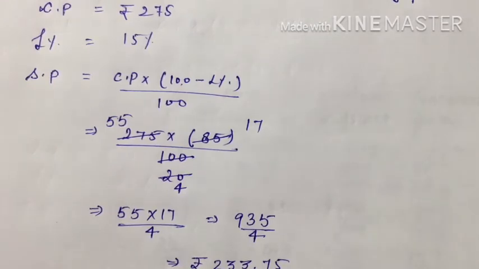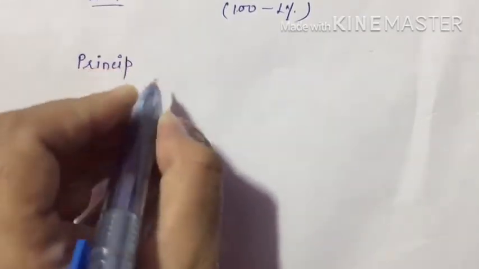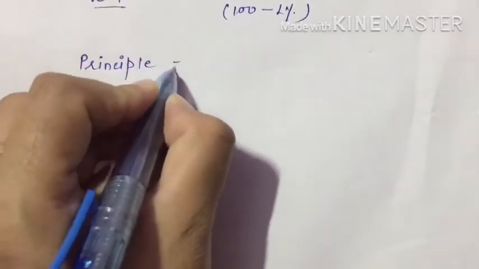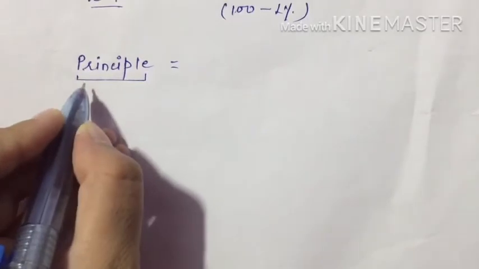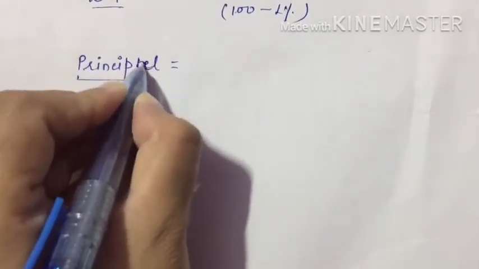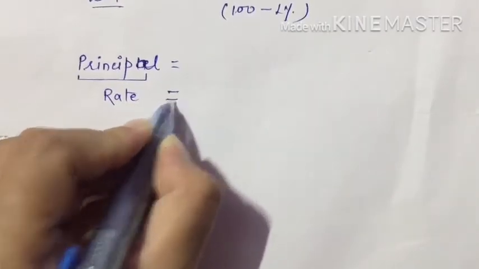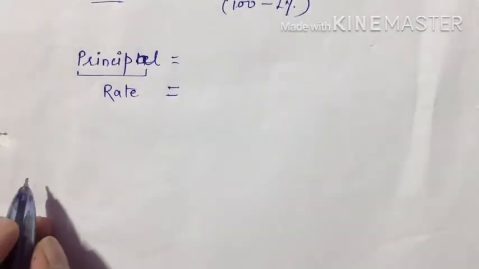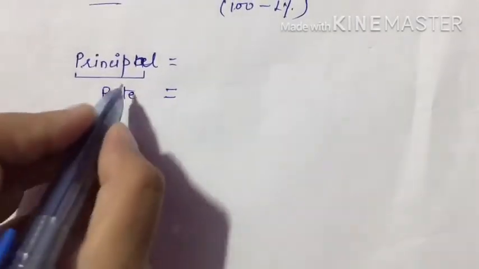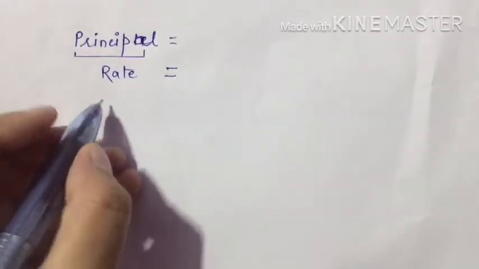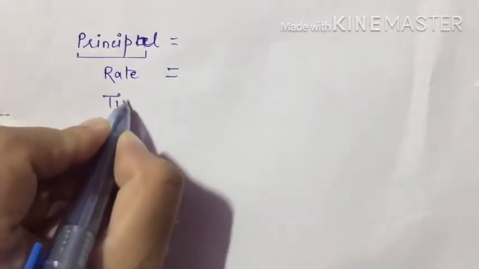Now before starting question number 9, 10, 11, student, we should know the formula of simple interest. If principal is given, principal is that amount that we are depositing in a bank, rate is that at which rate we are giving our principal in a bank, and this is our time.